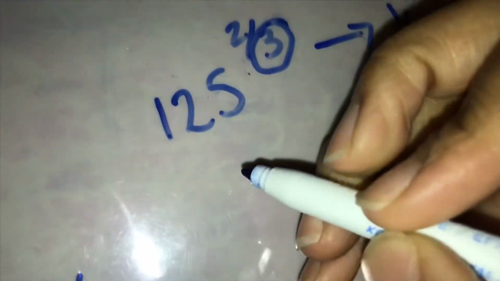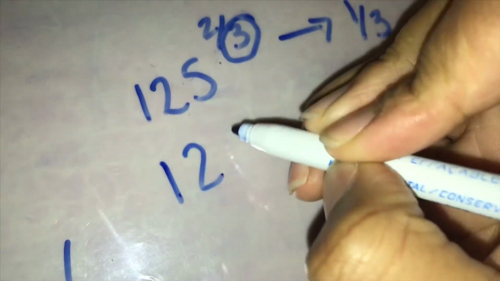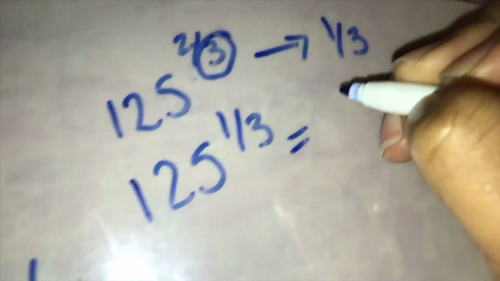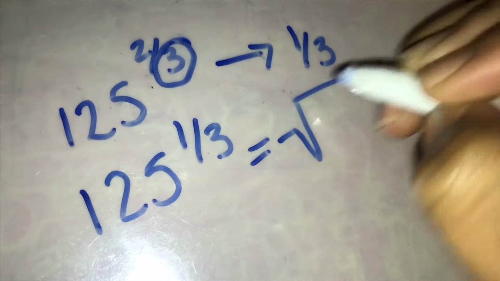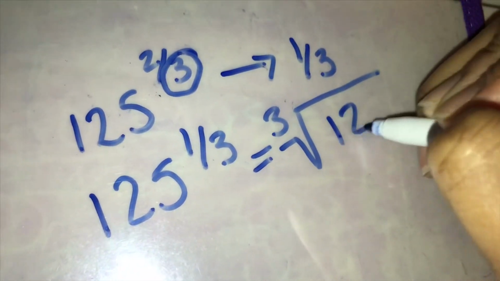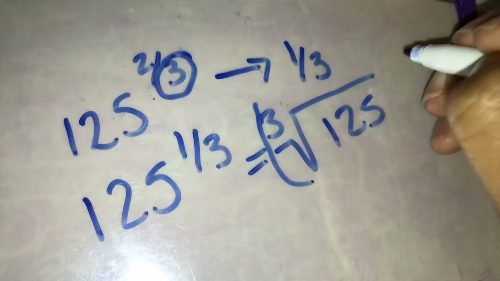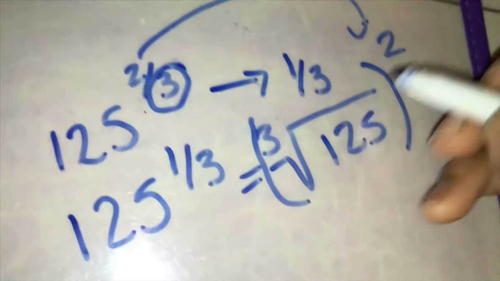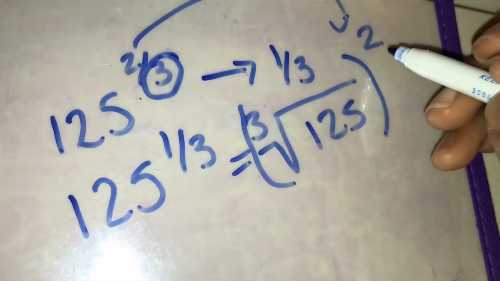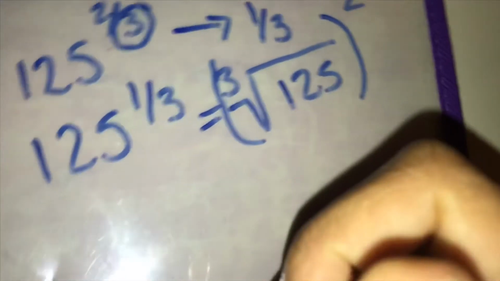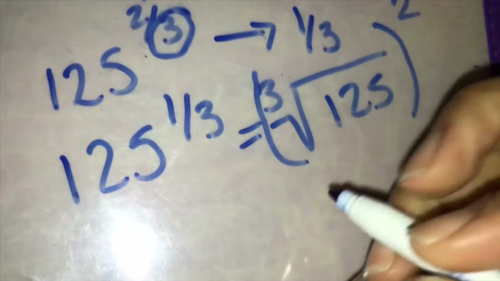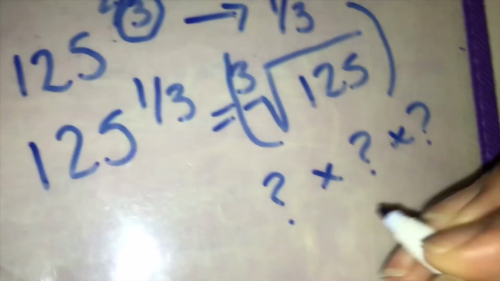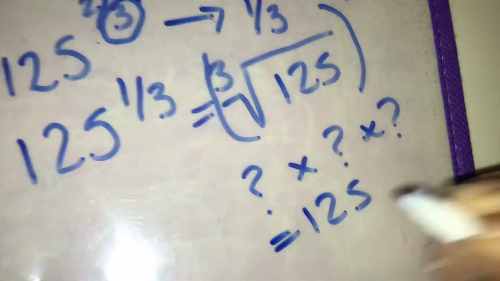So it's going to end up being 125 to the power of 1/3, and then the result is put to the power of 2. So whatever this is, squared, basically.